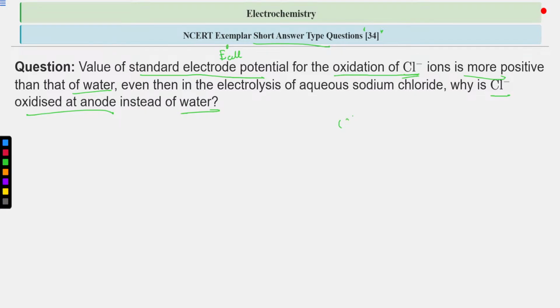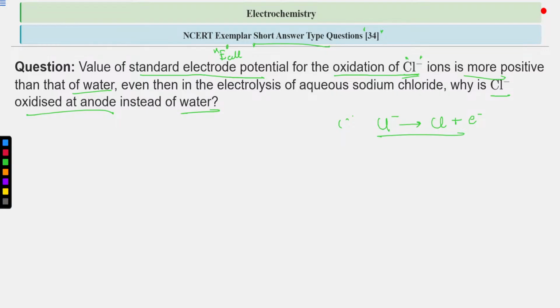Oxidation happens as chloride ion, Cl negative, goes into chlorine and electron. The standard electrode potential for oxidation of chloride ions is more positive than that of water.